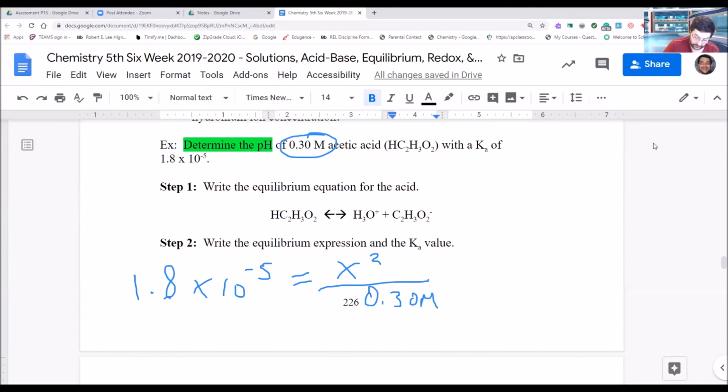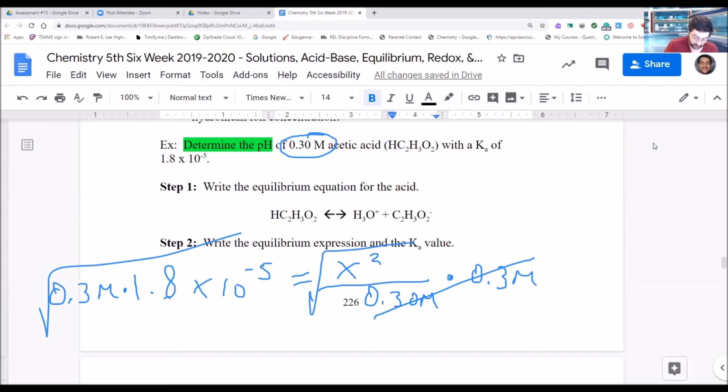Obviously we're going to multiply both sides by the 0.3 molar. And then since we want to know what x is and not x squared, we'll take the square root of both sides. Normally, of course, when you take the square root, it's going to be plus or minus, but since you can't have a negative concentration of something, it's just going to be the positive of this.